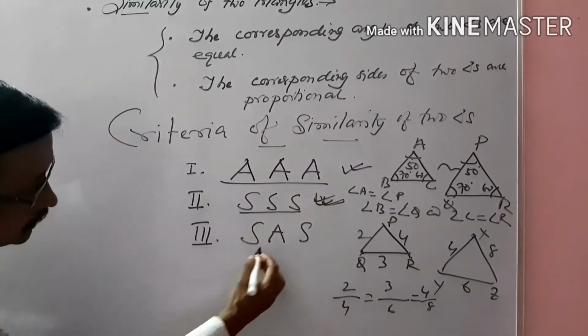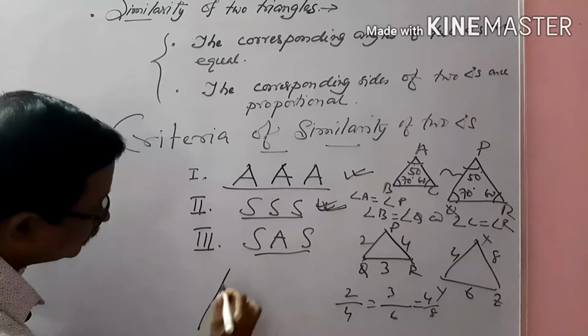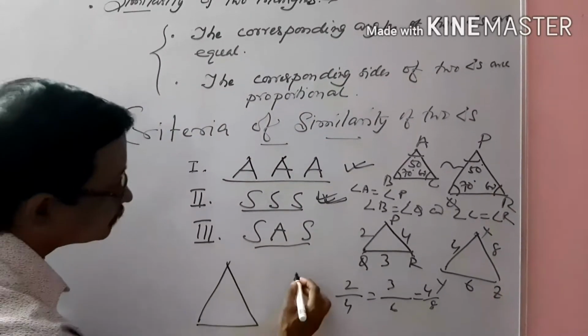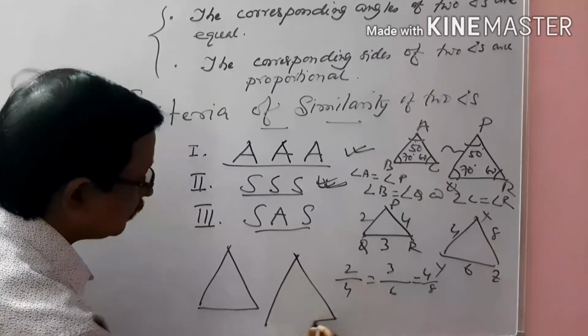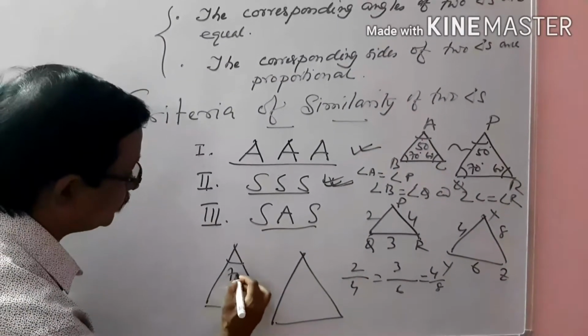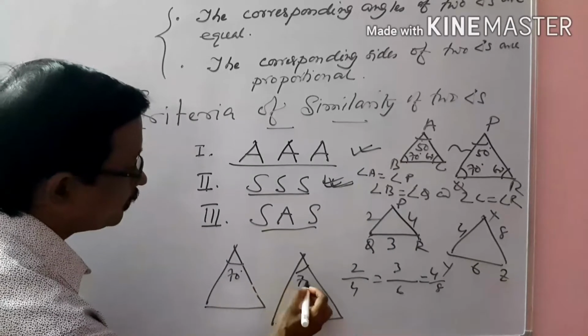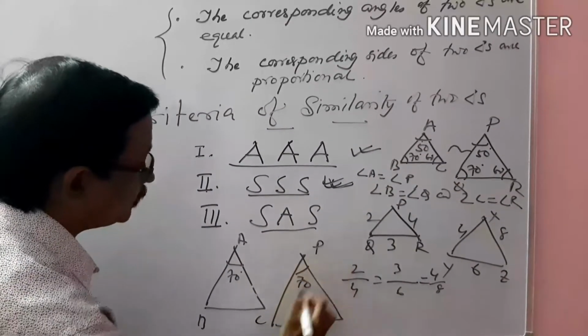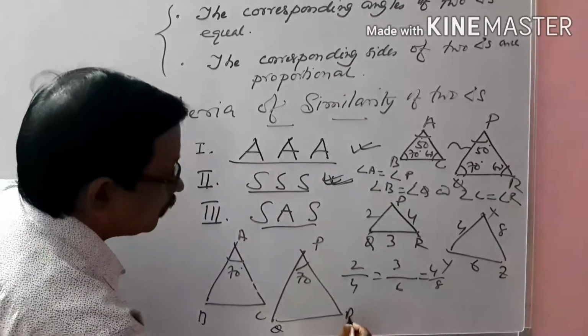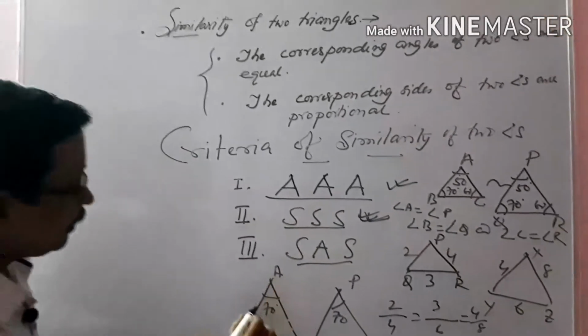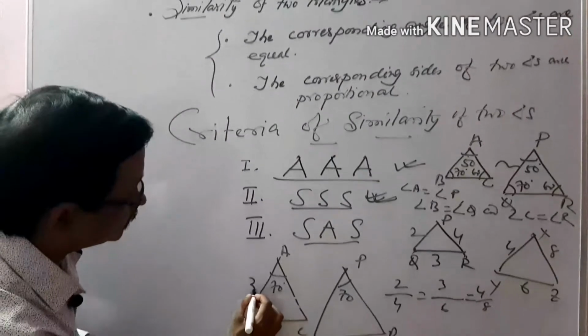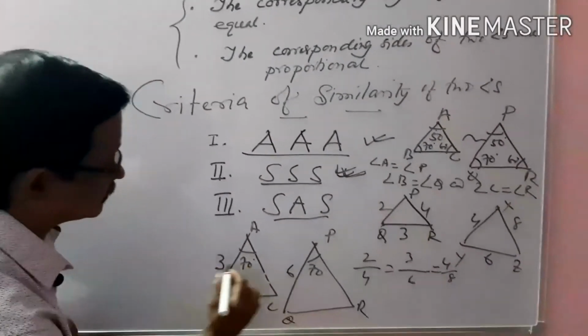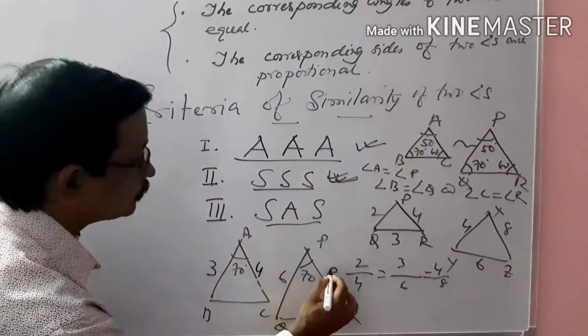And another one is side, angle, side. So there are two triangles, ABC and PQR. One angle is 70 degrees and this one is also 70. Now this side is 3 and this one is 6, this one is 4 and this one is 8.